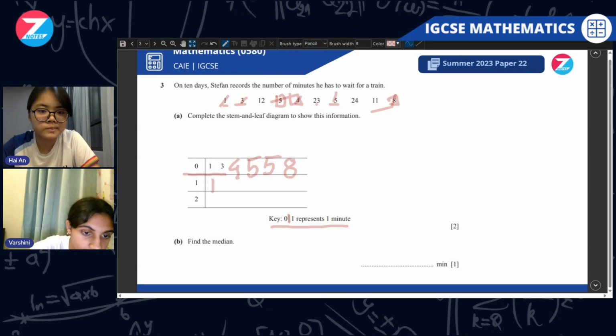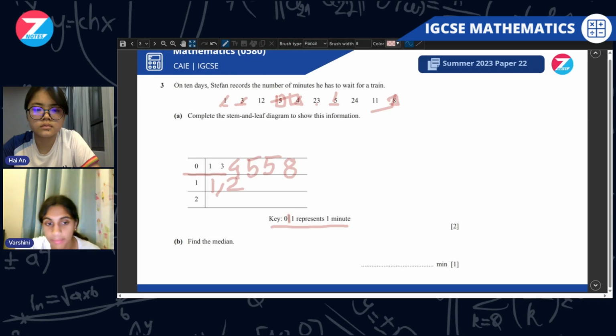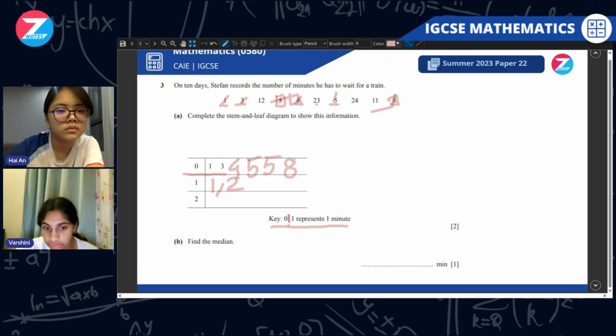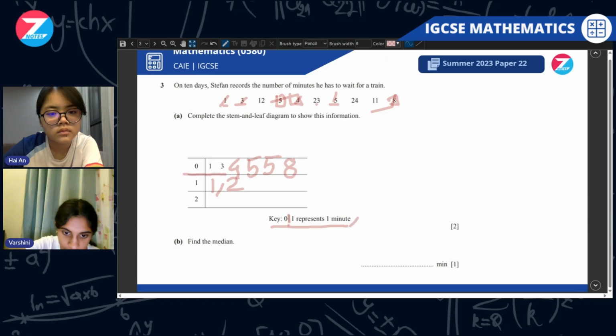So remember, put a 1 here because 1 is 11, and 2. We're not writing the full number 11 and 12 because the key says 0-1 represents 1 minute. So 1-1 is going to represent 11 minutes. Let me write this: 1 equals 11, and 2 equals 21.